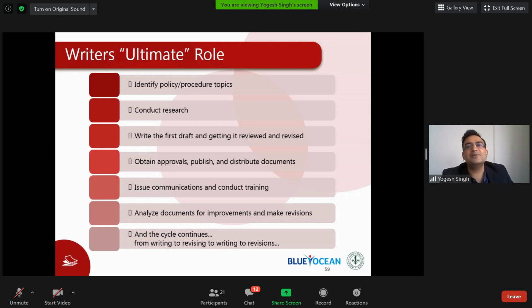So I remember when I was reading an employee manual for the first time, my GM was writing some policies, and he said, Yogesh, can you... I think back then in 2007 or 8, it was a big deal because computers were just becoming popular.